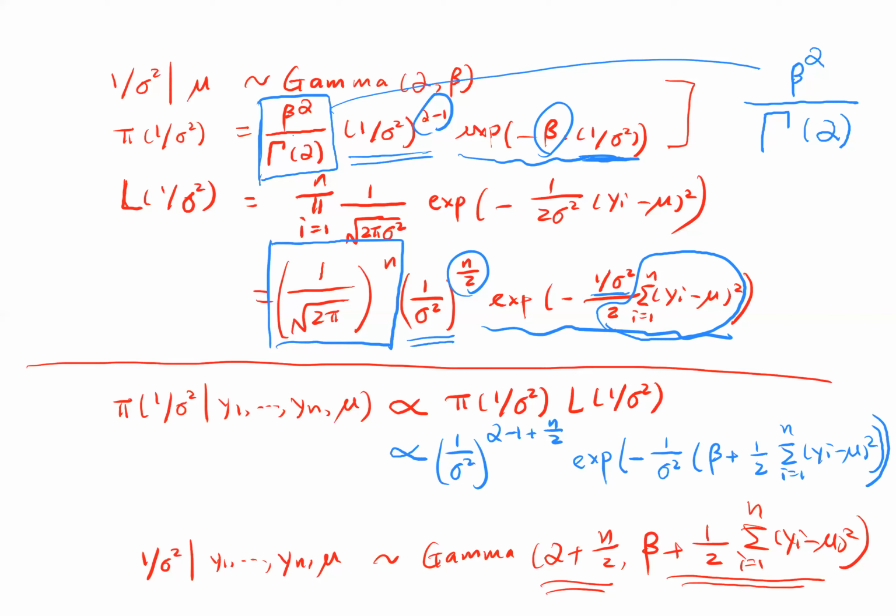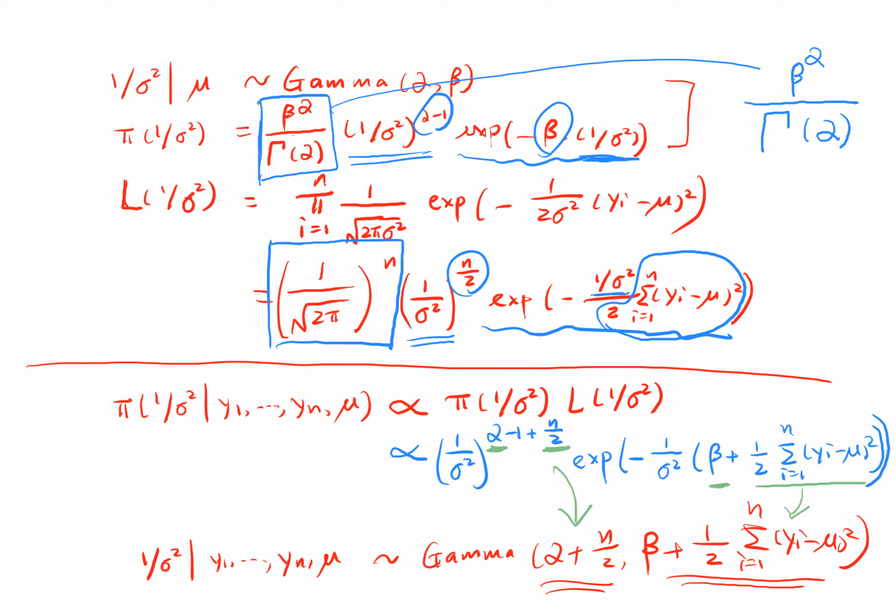Okay. Once you come to this, we know that if you can recognize this as a gamma, then alpha plus n over 2 should be the first parameter, and beta plus 1 over 2 of the sum of all of the square terms will be the second parameter for this gamma.